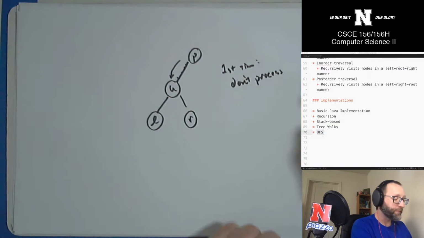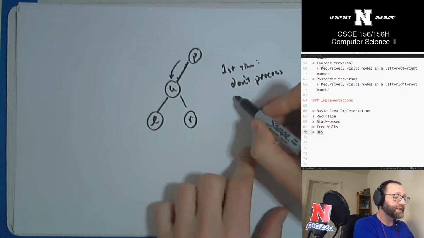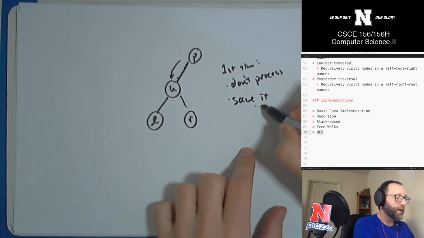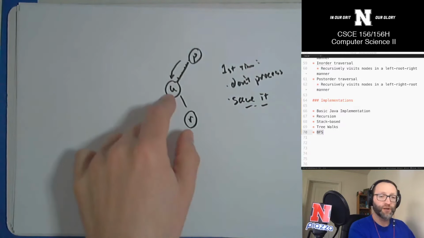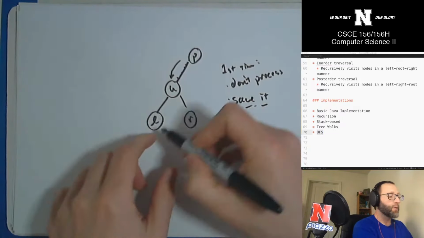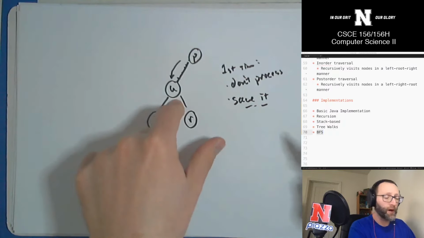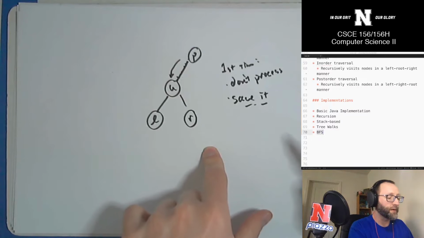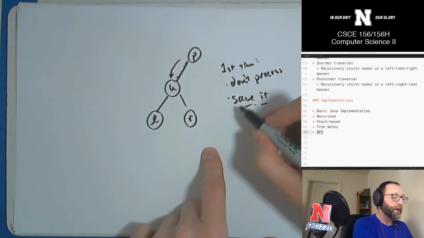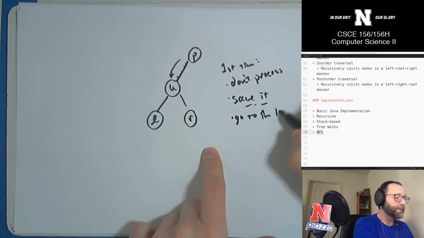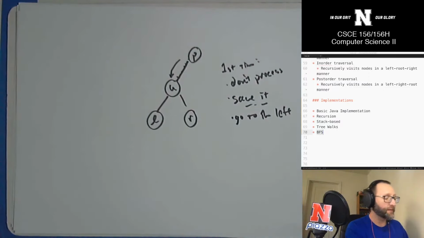So we don't process it. Instead, we save it. And the way that we're going to save it is by pushing it into a stack, so that eventually, when we come back up, then we'll see it, and okay, now I process it, and then I go down to the right subtree. So we save it, and then we go to the left subtree if it exists, of course.